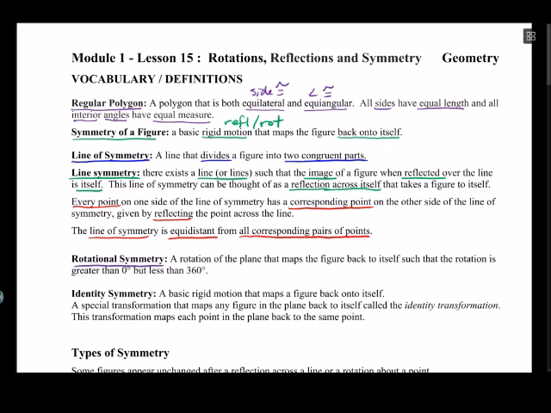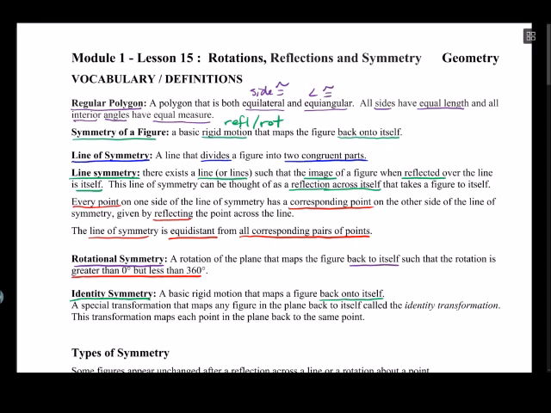Rotational symmetry is a rotation of the plane that maps the figure back to itself. Now, these rotations need to be greater than 0 degrees, but less than 360 degrees. Because an identity symmetry is a basic rigid motion that maps the figure back onto itself.